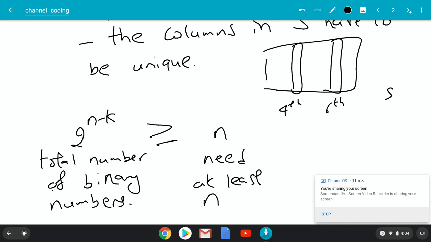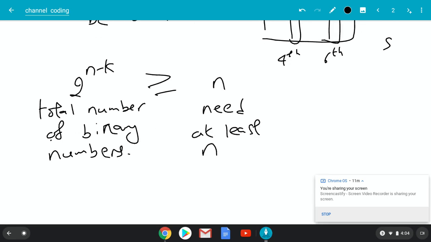That means 0 should not match with any of the columns, so we cannot count 0. So the number of columns should be n, and none of them should be 0. In the 2 to the n minus k, one of them is a 0 vector, and we cannot count that. So we need at least n plus 1, right? So that's where that comes from.